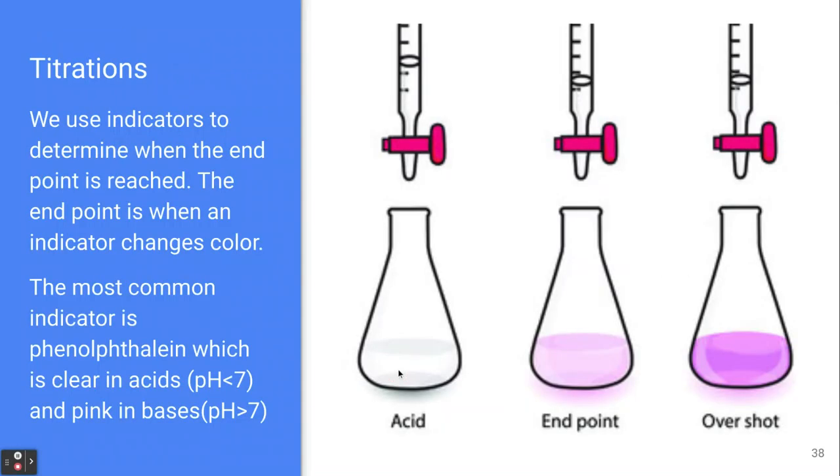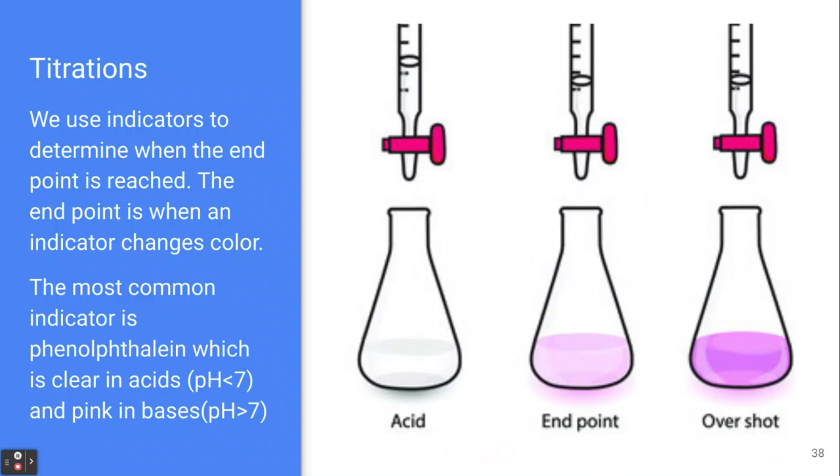In a titration, we typically use indicators. An indicator changes color based on the pH. And so the most common indicator that we use is called phenolphthalein. Now, phenolphthalein is clear in acids, which is a pH of less than 7. I think actually the pH that it changes color at is around 8. But phenolphthalein is clear in acids, but pink in bases.